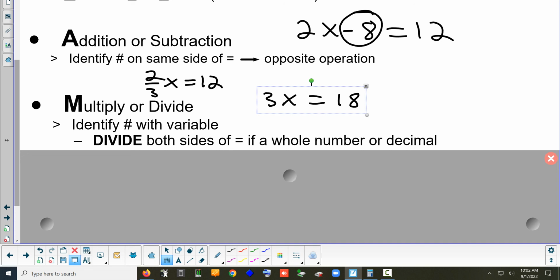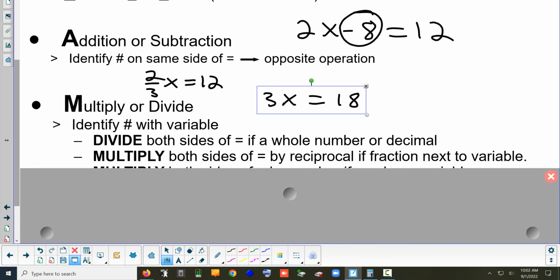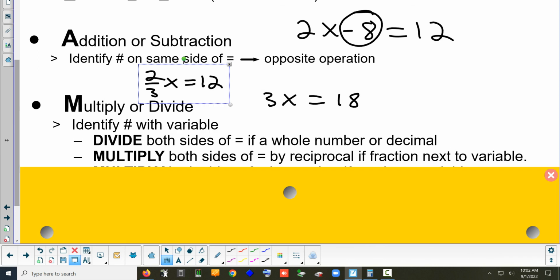Something about the fraction. Yep. Multiply by the reciprocal. Right, multiply by the reciprocal. So if you have a fraction next to the variable, you multiply both sides by the reciprocal. Both sides of the equal sign, both sides of the equation.